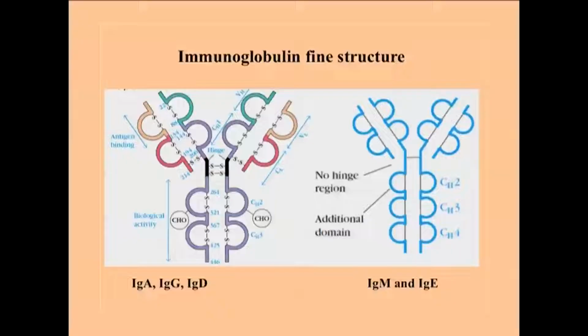They have segmental flexibility. They can rotate at any angle, and they can accommodate themselves according to the size of the antigen. And the CH1 domain in the heavy chain and the CL domain in the light chain actually help the Fab fragment to move.